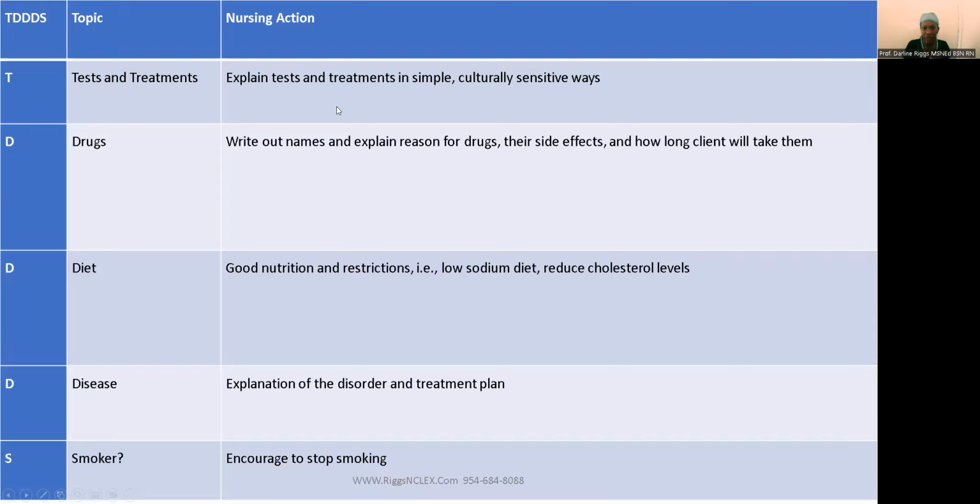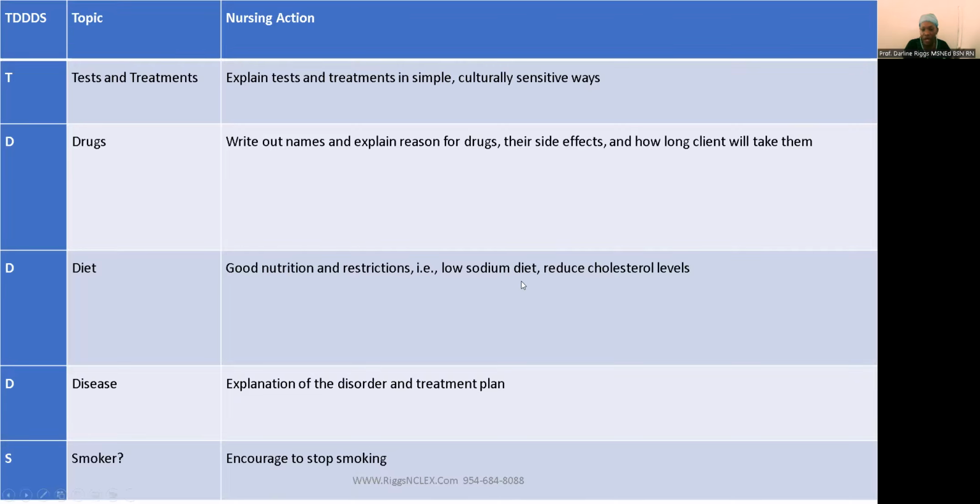All right, a few more. So there are tests and treatments. We want to explain those to clients. We talked about them. They're going to be on medications that we need to teach them about, explaining why they're taking them, the purpose. They have to change their diet and their lifestyle. They must be moving forward on a low sodium, low cholesterol diet.